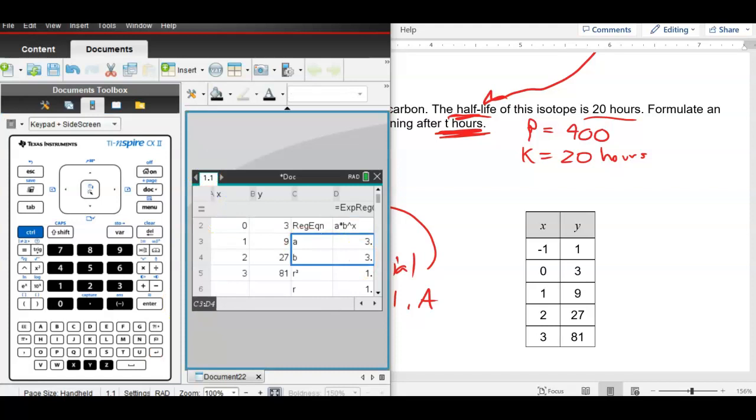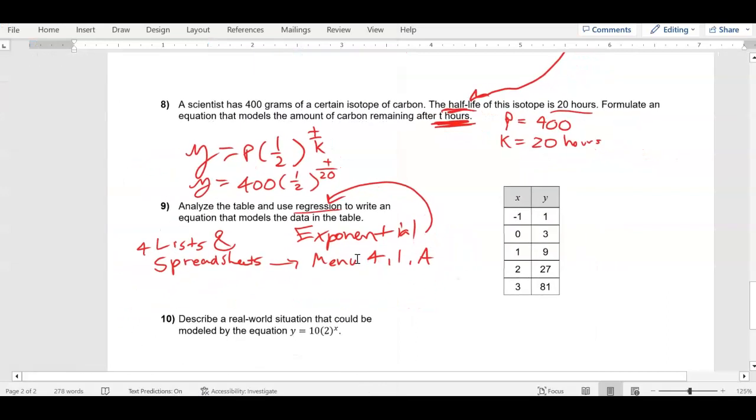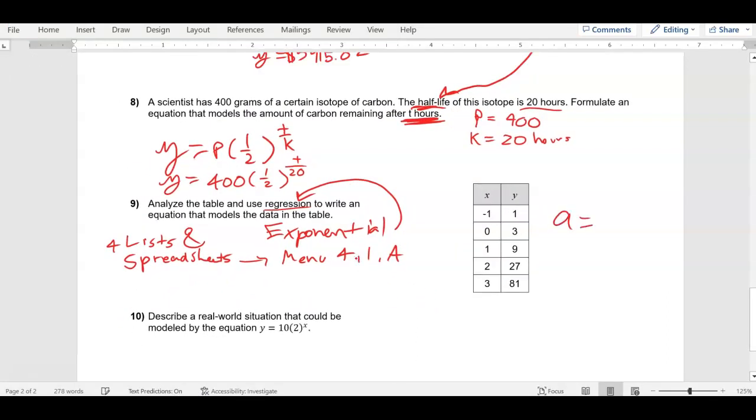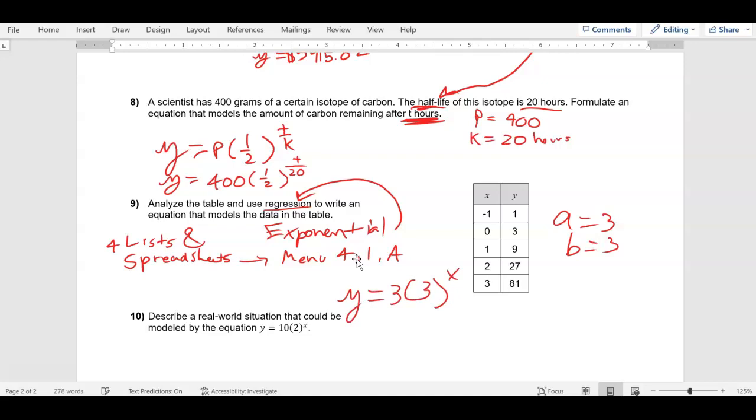And that gives me an A and a B value. So A is 3, B is 3. So my equation is going to be 3 times 3 to the power of X. A times B to the power of X is the exponential function.